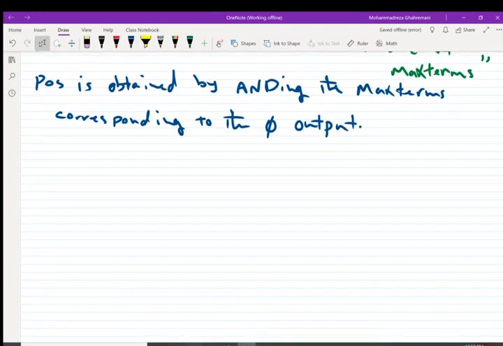Okay, so it's exactly a complement of minterm. So let's see one example.